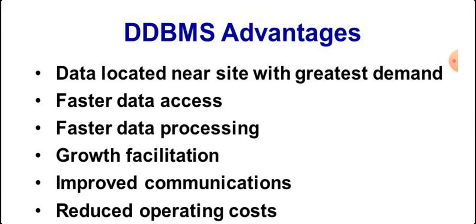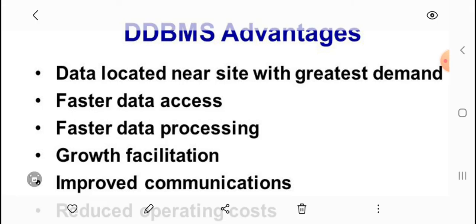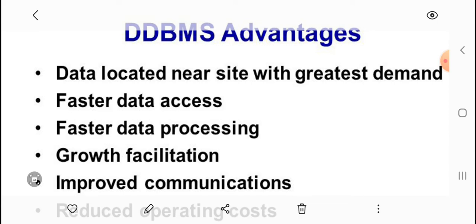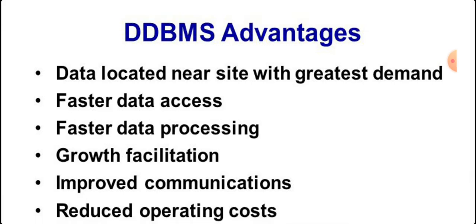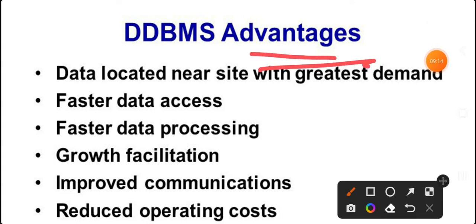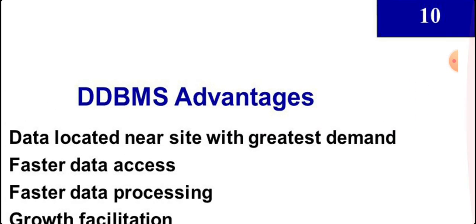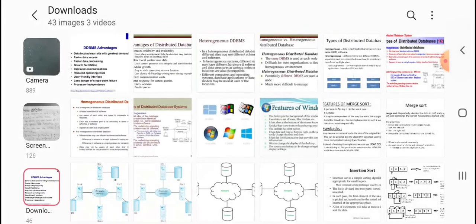Almost all the things that we have discussed in the case of the definition, the architecture, and the types of distributed databases, we have just extended and studied in terms of advantages. I just want to refer you to the definition of distributed database so that you can easily understand this concept.